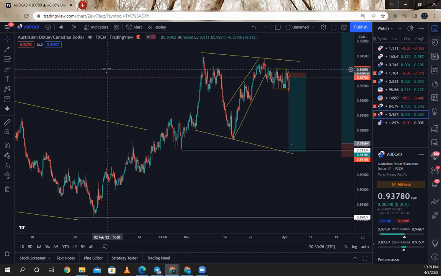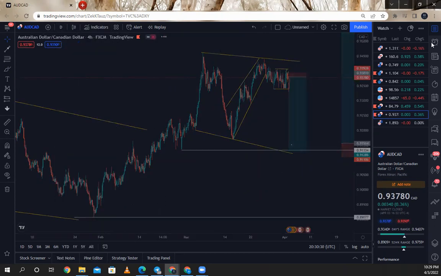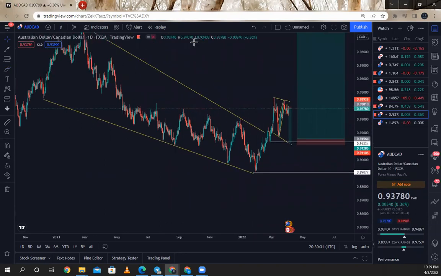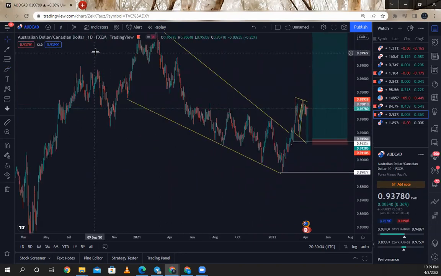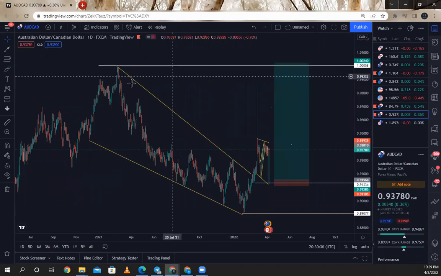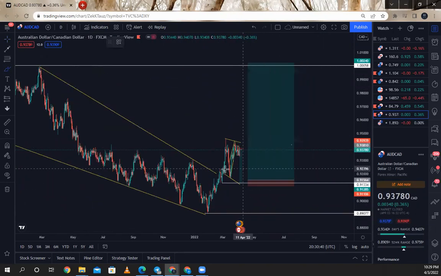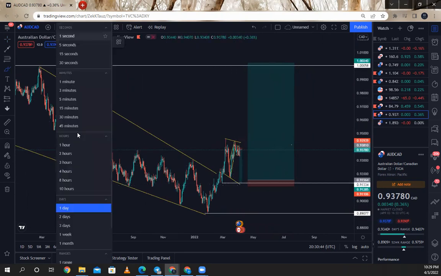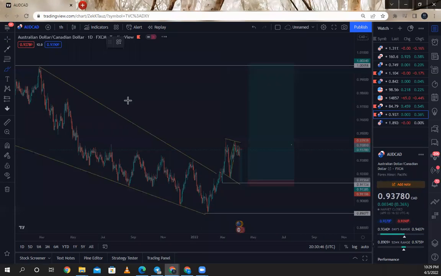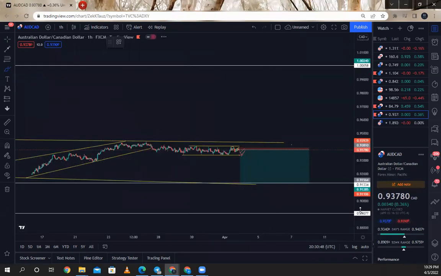Excuse me. On OddCAD, also someone sent it to me last week, so this is what I have on OddCAD. We have two scenarios: we have the sell, and we have the buy. On OddCAD, we're going to wait for this sell, or you can enter this sell, because it's very straightforward.